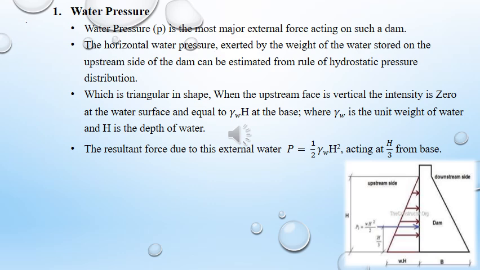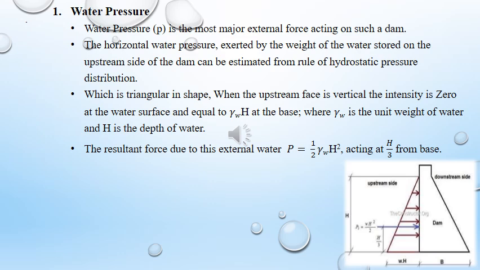The intensity of pressure varies triangularly, with zero intensity at the water surface to the value gamma W into H at a depth H below the water surface.